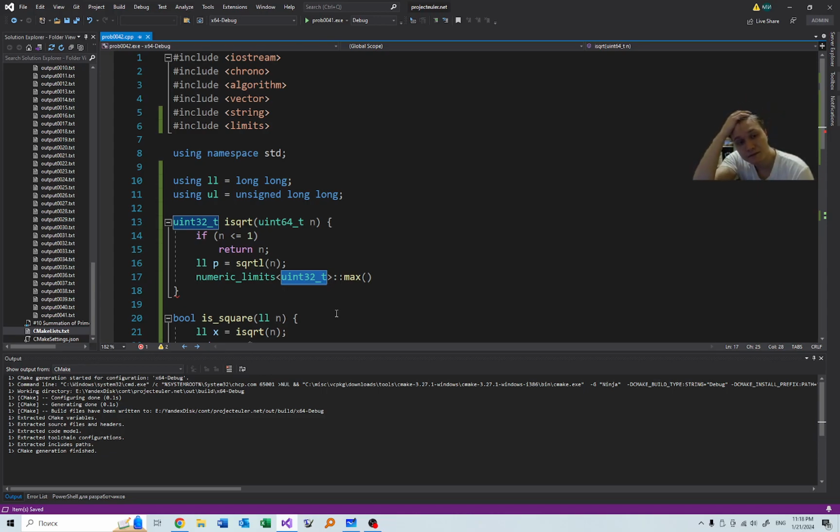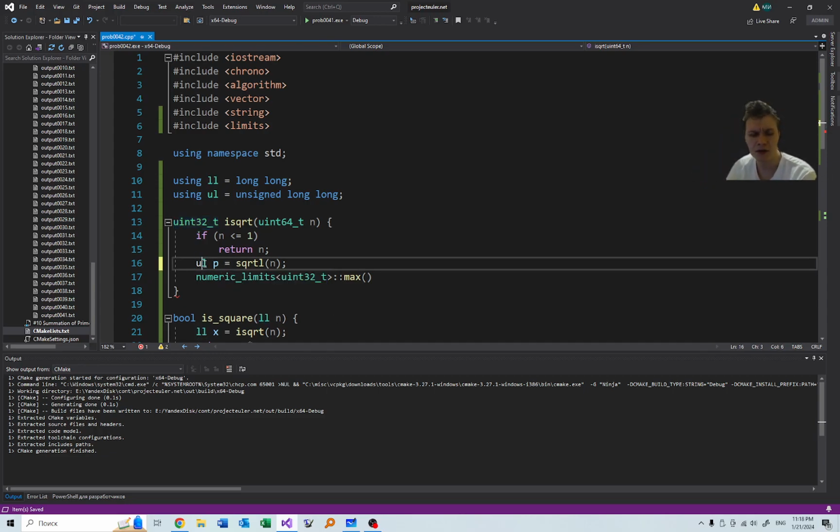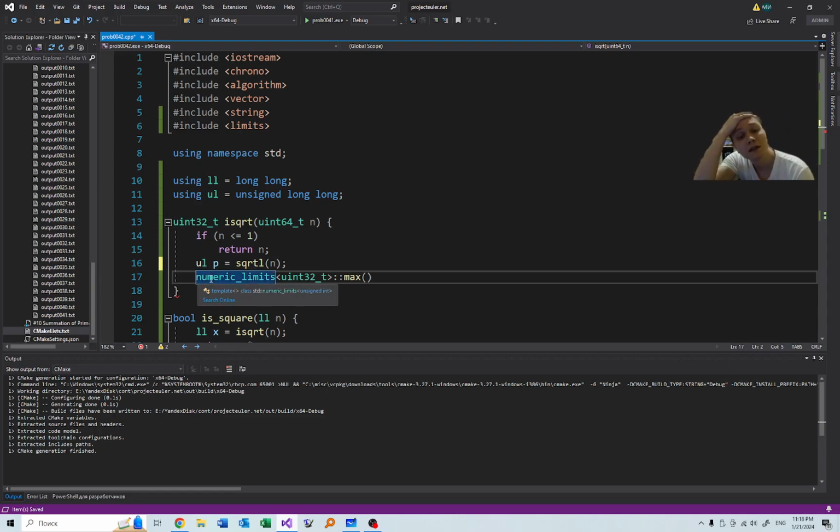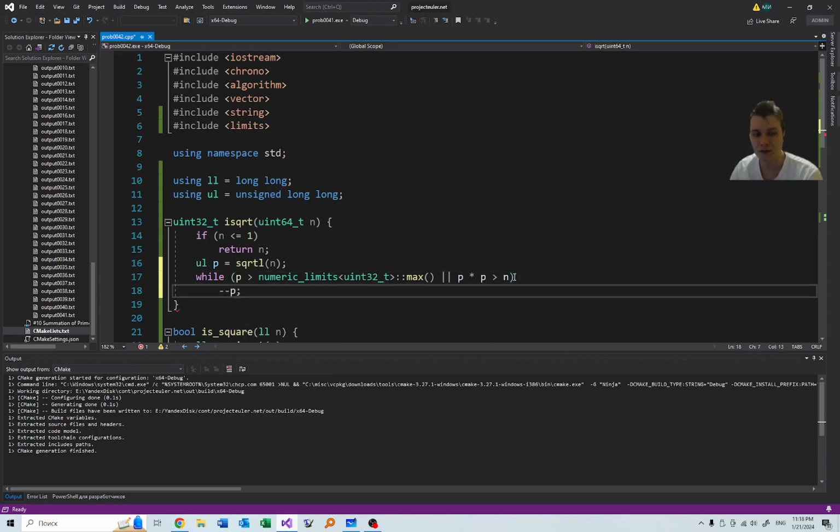And I can use UL here as well. So while p is greater than this number, or p times p is greater than n, I need to subtract 1 from p.